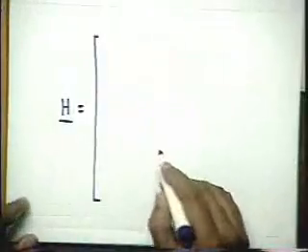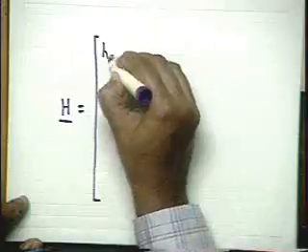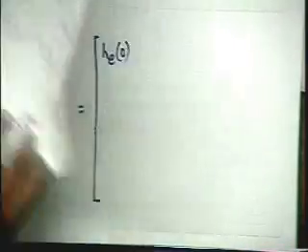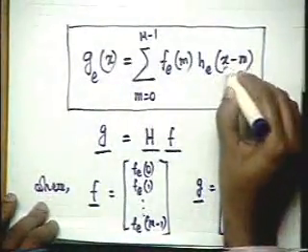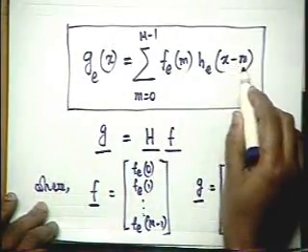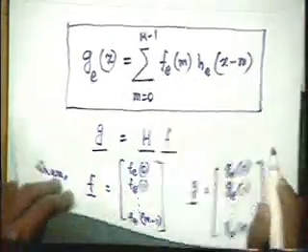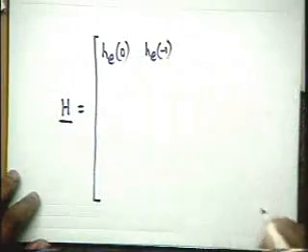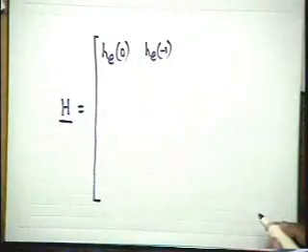So can you tell me the first row elements? First row, first element h_e(0). First row, second element h_e(minus 1), because x is equal to 0 and small m is 1. So the second element is h_e(minus 1). 0 minus 1 means minus 1.